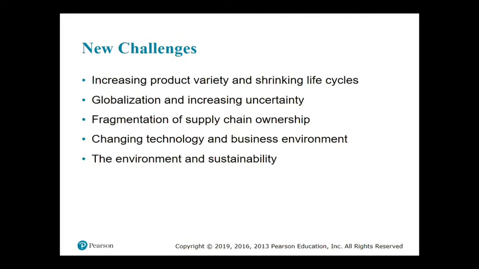An implication of that is there is even more need for coordination between different supply chain members. And because of the fragmentation, information sharing is ever more challenging, so the goal of maximizing supply chain surplus is more challenging to achieve.